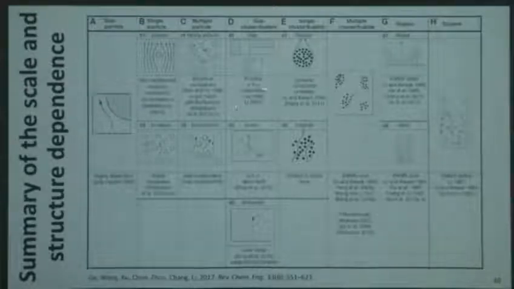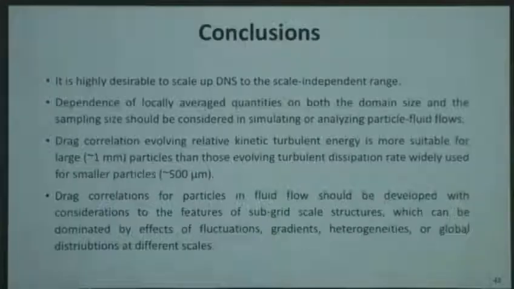For the moment, I think DNS is only possible for this part, maybe still in between this part and this part. Once DNS can go to real reactor scale, I think we can get a full understanding of how drag behaves at different scales. So these are the main conclusions.